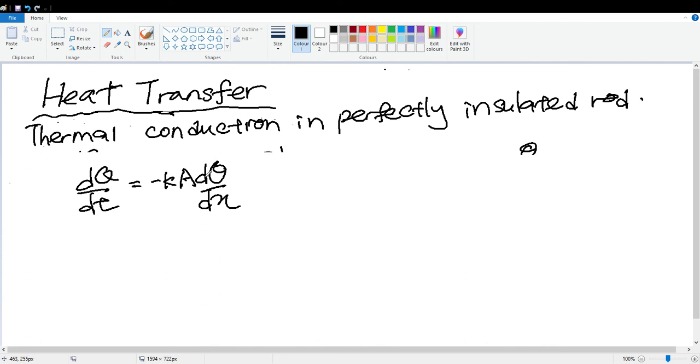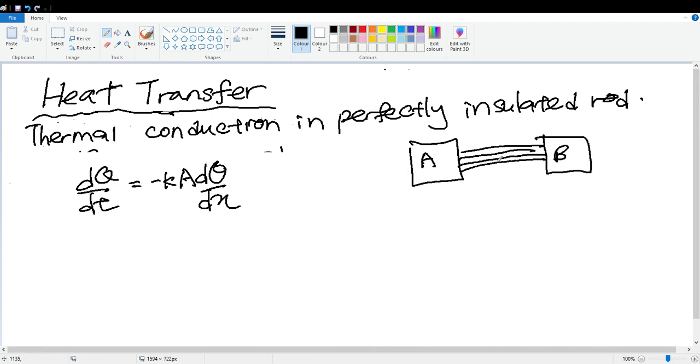So just now we mentioned the rod at steady state. Let me draw that rod again. So this is A and this is the rod. This rod is perfectly insulated, of course.